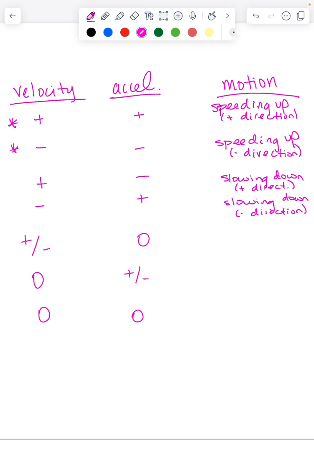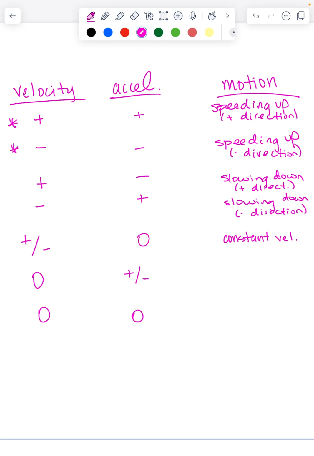We have a positive or a negative velocity with 0 acceleration. Well, that's everything that we have been doing up until this point. If I do not have acceleration, that means that I have constant velocity, and that positive or negative means that it could be in the positive or the negative direction.